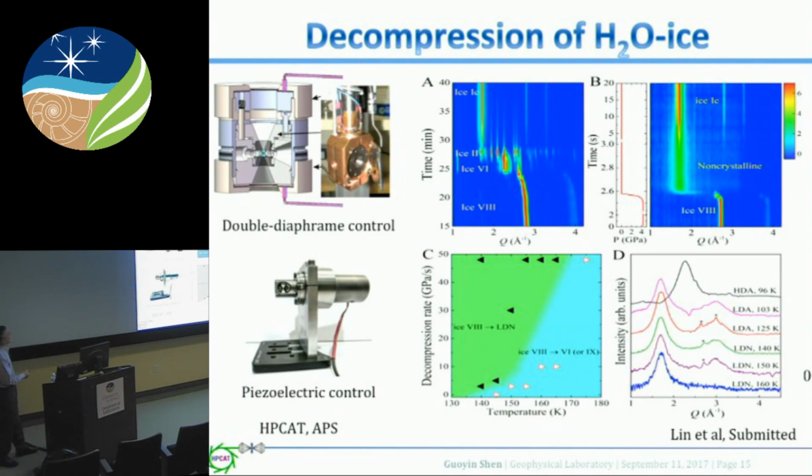And then eventually we see ice 2, and later on we see ice 1 growth as it should be, because ice 1 is the stable phase in that PT range. When we apply the decompression rate very fast, we start with ice 8, and then suddenly this is a very fast decompression here.